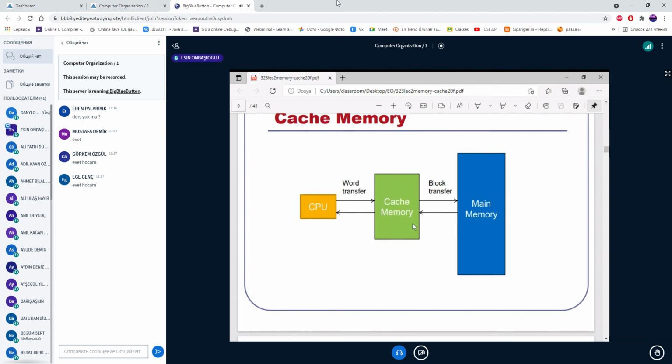The data transfer between cache memory and CPU is one word, because the CPU wants to access one word, and that word comes from the cache into the CPU. But the data transfer between main memory and the cache is in the form of blocks.